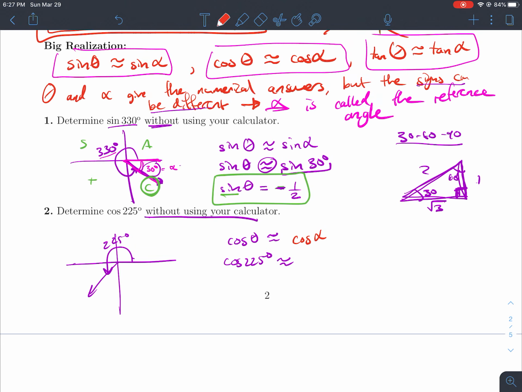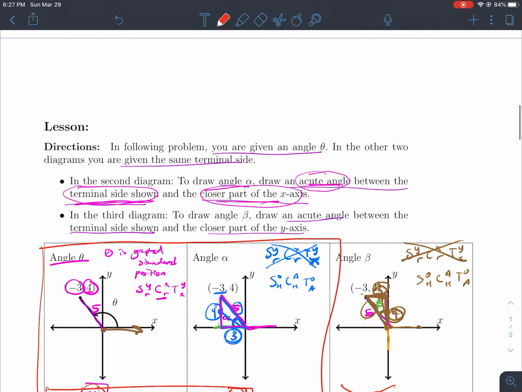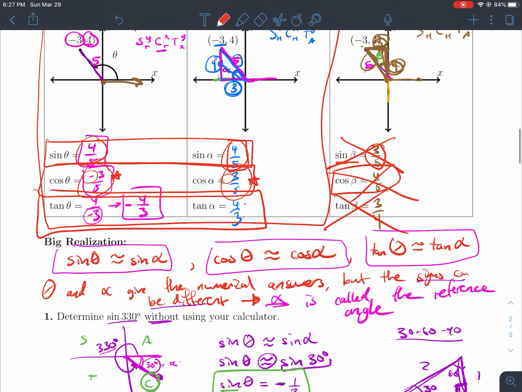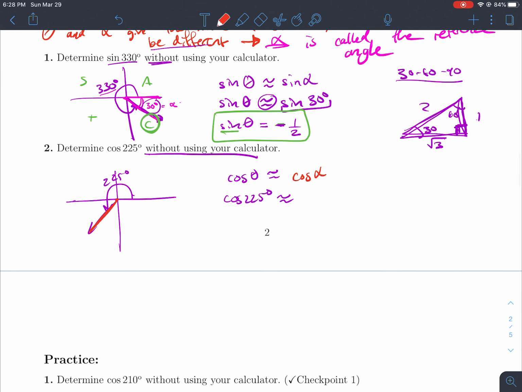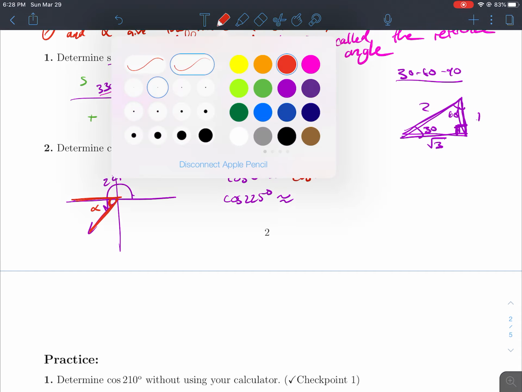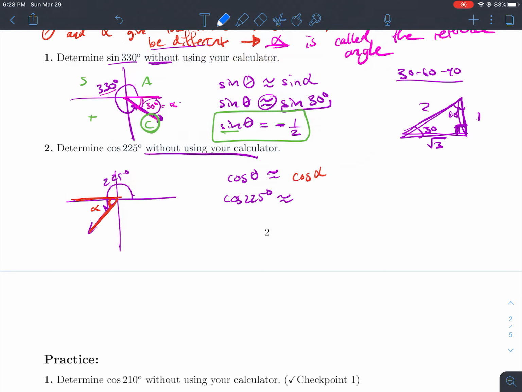To find our reference angle, we draw, let's see, alpha is always with the x-axis. So terminal side, closer part of the x-axis, here's alpha this time. And this alpha is a little harder to find. It's nothing to do with 360 like we said last time. In fact, we want to see this 225 as having, well, this top part was 180.